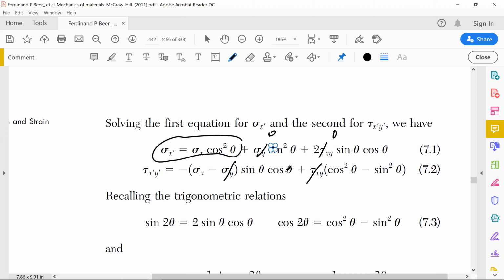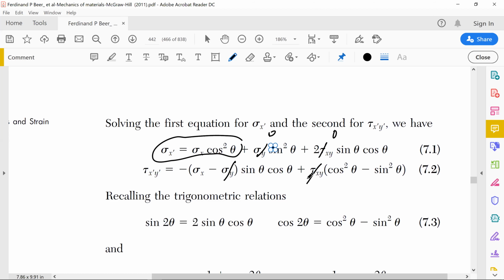Sorry, there was a mistake at the start when I did tau x prime y prime. I mentioned that p over a naught was the tau xy. That should not be tau xy, that should be sigma x, right?